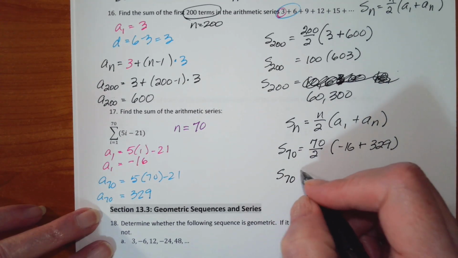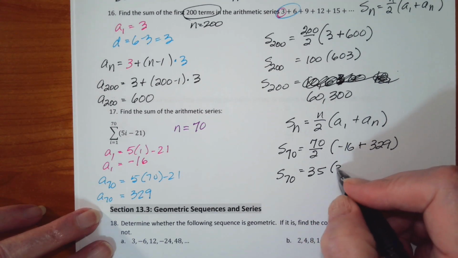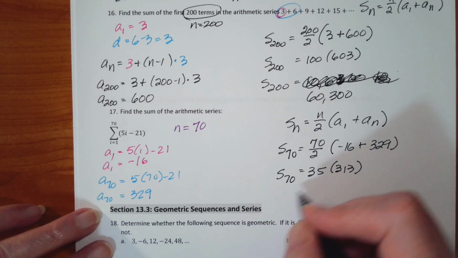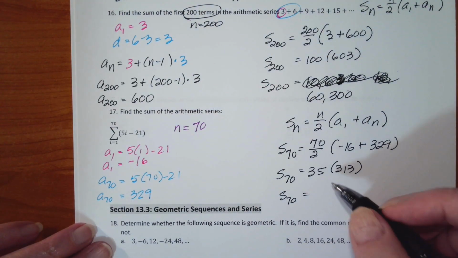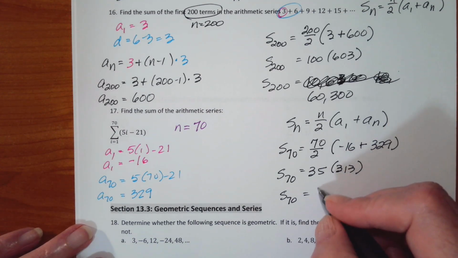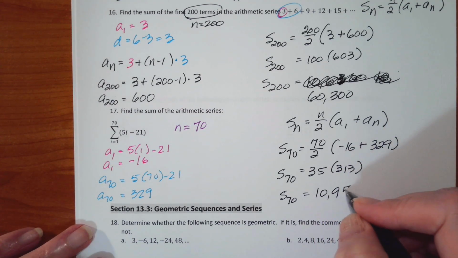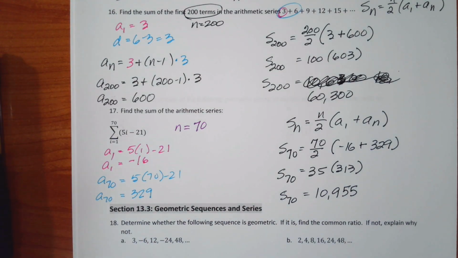So S sub 70 is 35 times 313. So S sub 70 is equal to 10,955. Okay, I think there's too much to do on this one video, so I'll stop here.